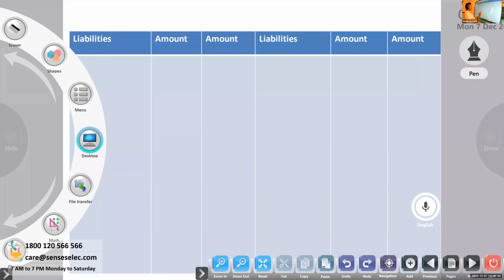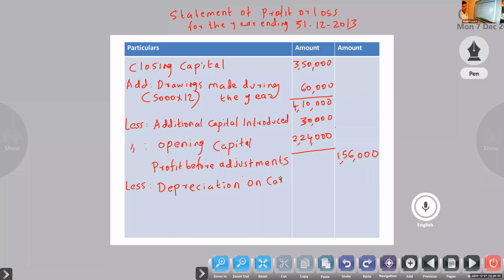Yes, sir. Okay, so depreciation is calculated on the basis of closing amount. Provision for doubtful debt is also on the basis of closing. Only interest on capital is calculated on the basis of opening capital, not closing capital. Understand? Depreciation and provision for doubtful debt are on the basis of closing.